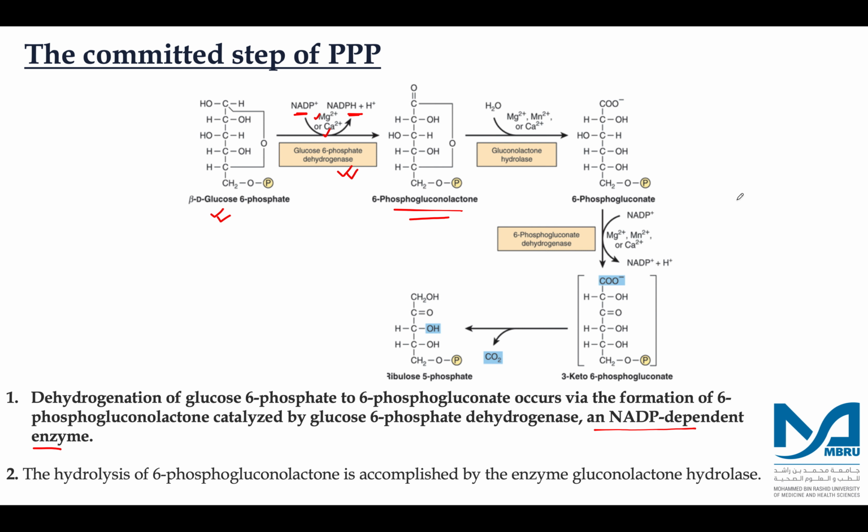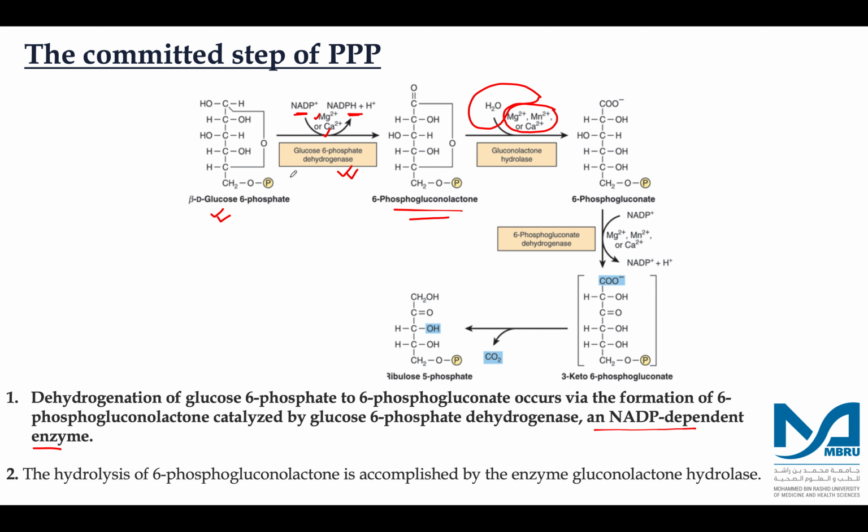After this, 6-phosphogluconolactone undergoes a hydrolysis reaction, if you look at the process here, to 6-phosphogluconate, and this enzyme also requires magnesium and manganese as the cofactor, and also can function in the presence of calcium. So 6-phosphogluconate is the hydrolyzed product of 6-phosphogluconolactone.